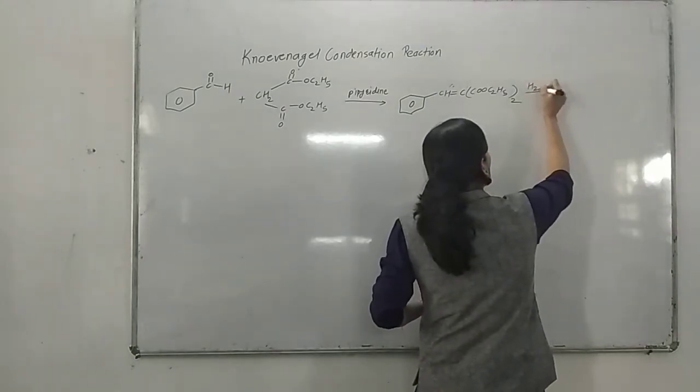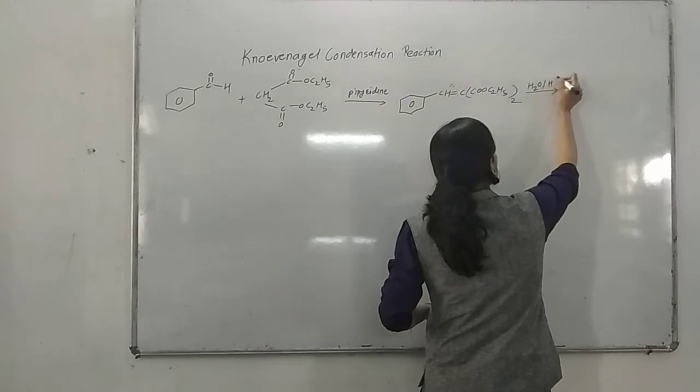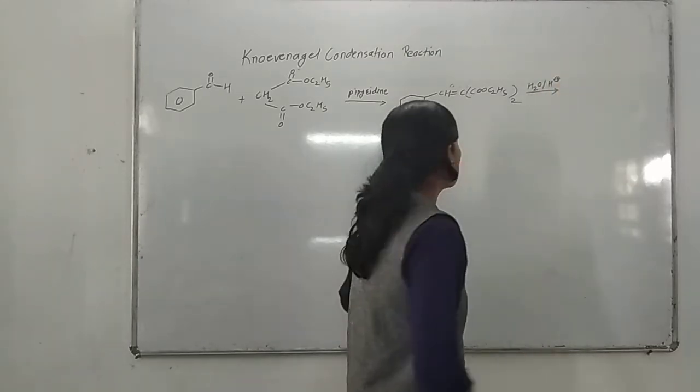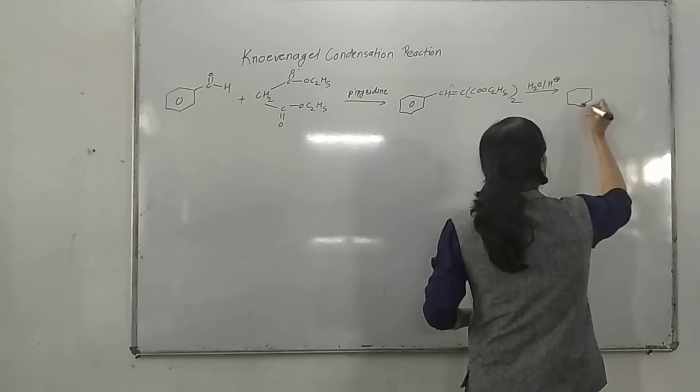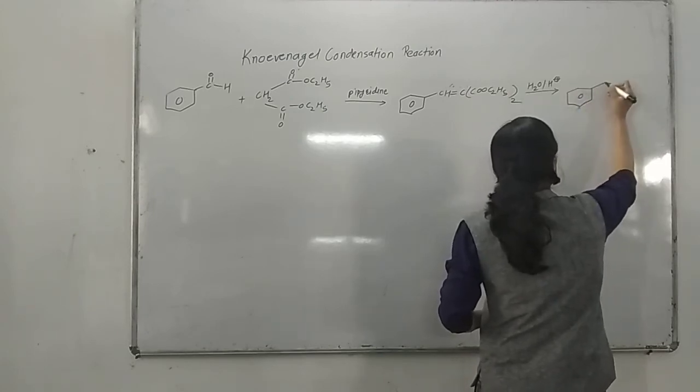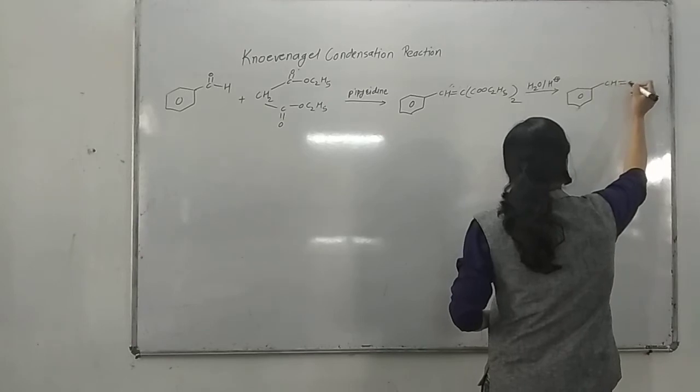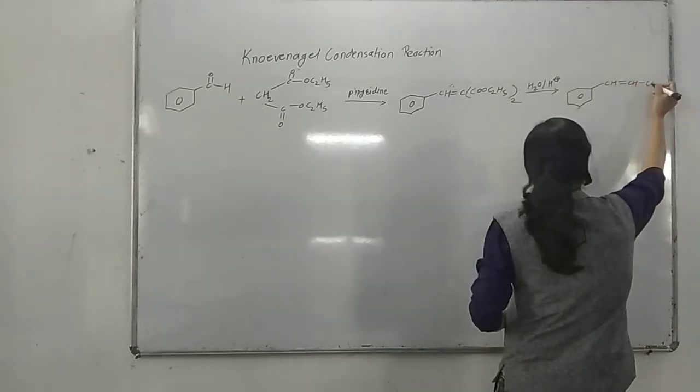further acid hydrolysis gives alpha beta unsaturated acid.